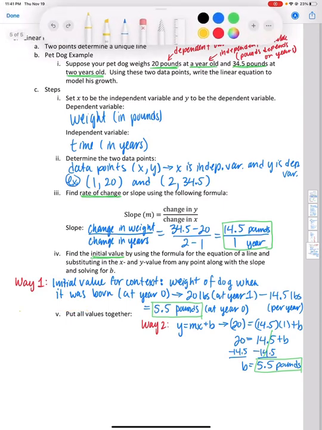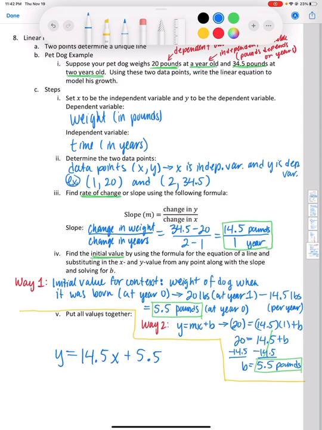So the last step is to put all our values together to make the linear model. Using our formula for the equation of a line, we have y is equal to the rate of change, 14.5, times x, which could be any year, plus the initial value, which is 5.5.